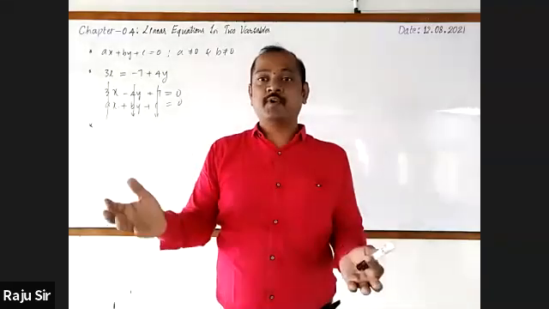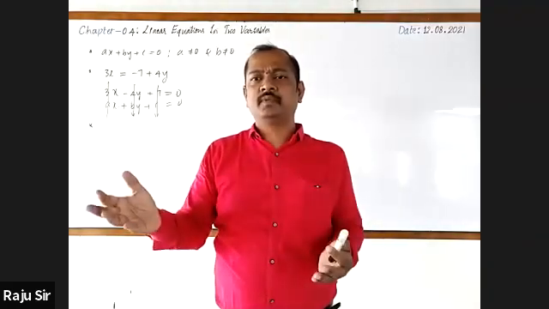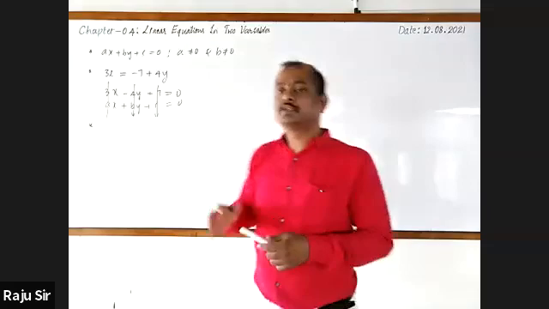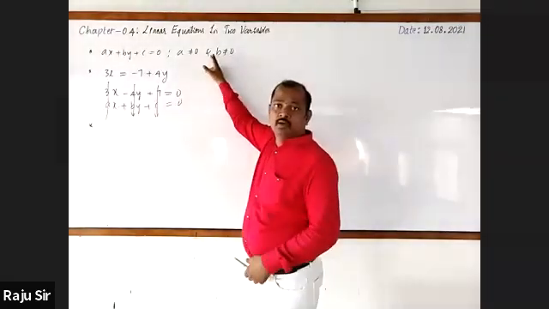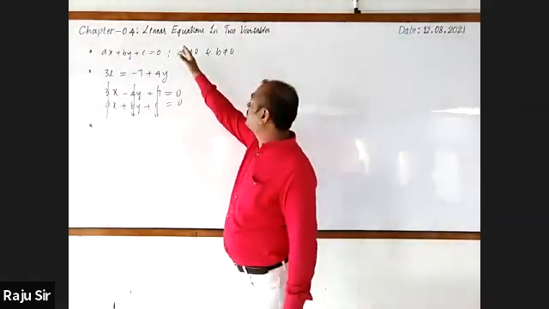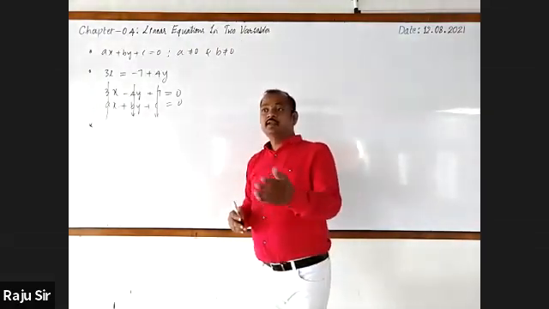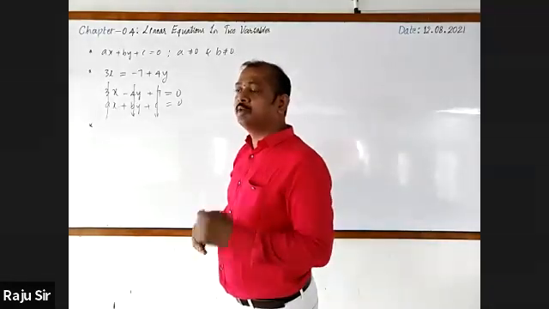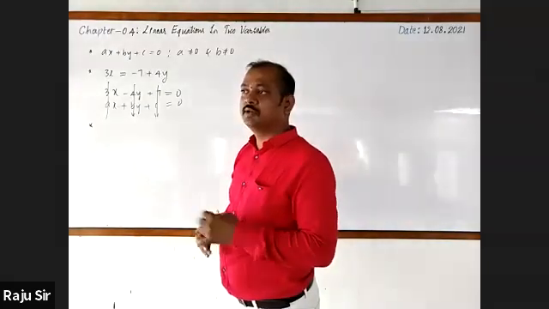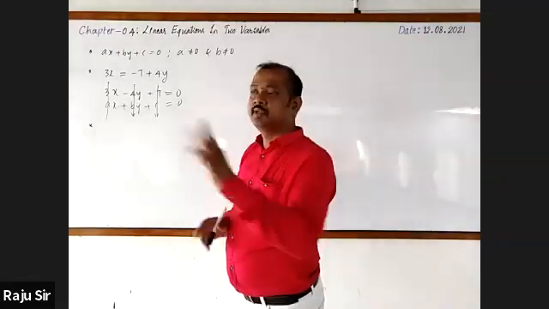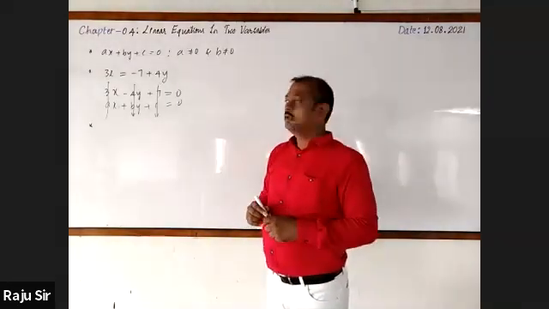Infinite. Many, uncountable number of solutions are there with respect to linear equations in two variables. If it is a linear equation in one variable, how many solutions? 1. If two variables, infinitely many solutions.